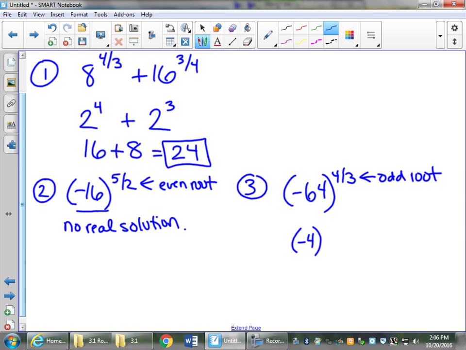I'm keeping it in parentheses because it's negative and it still has to be raised to the 4th power. And once you raise the negative number to the even power, not an even root, but an even power, my answer will turn positive. So negative 4 to the 4th power is positive 256. So odd roots you can do, the answer is just negative. Even roots, you can't.